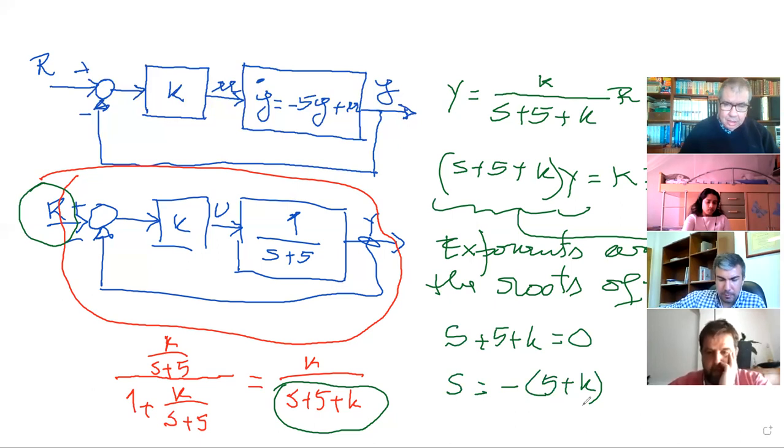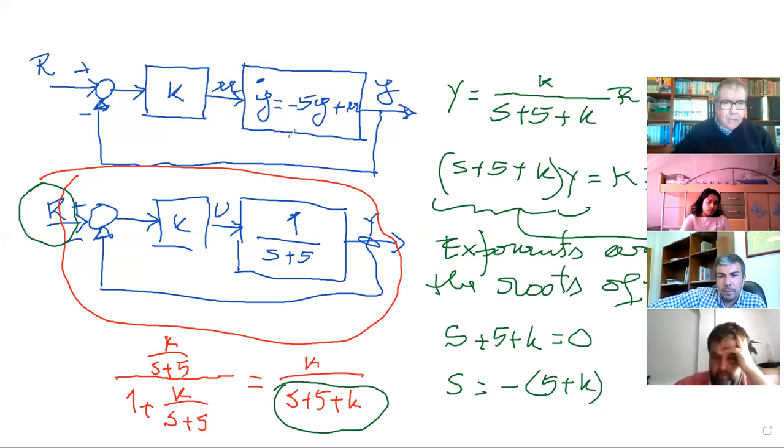And what about K negative? If K is smaller than minus 5, then you get problems. It becomes unstable. Good.